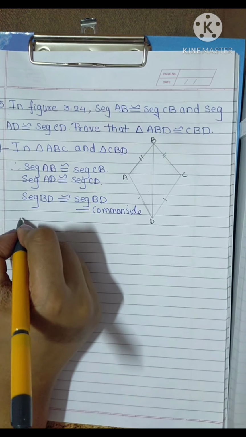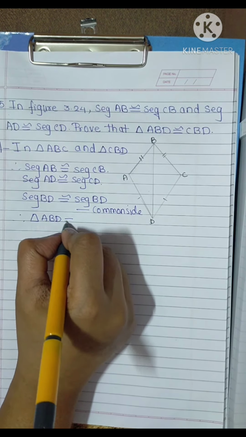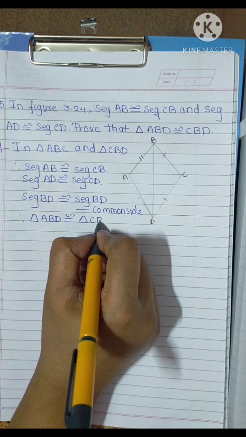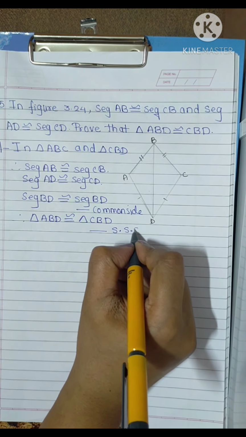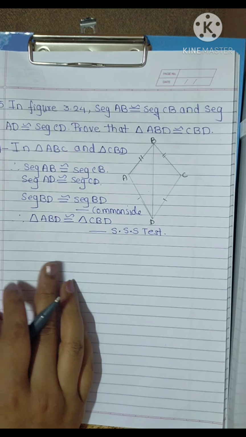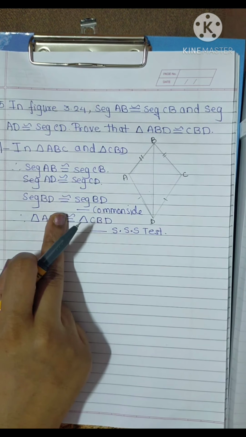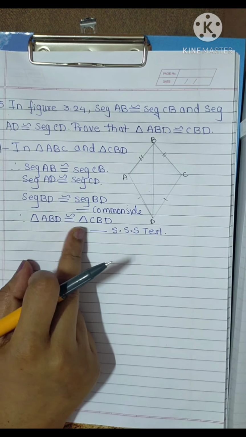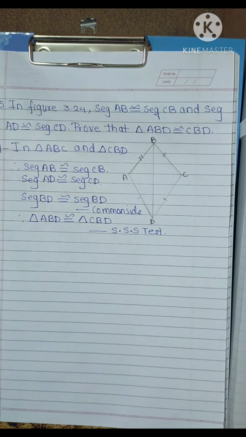Now therefore triangle ABD is congruent to triangle CBD by the SSS test. Okay, so it was very easy because as you can see all sides are congruent to each other. So we have proved that the triangles are congruent to each other and we got the SSS test.